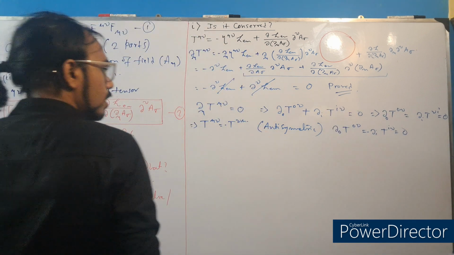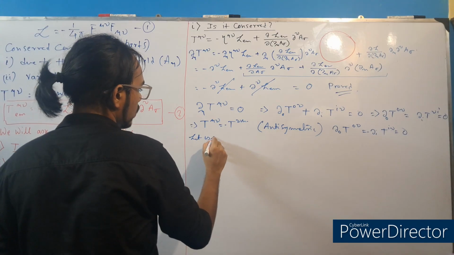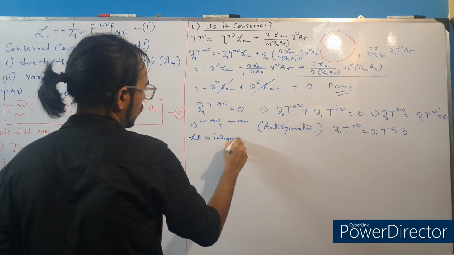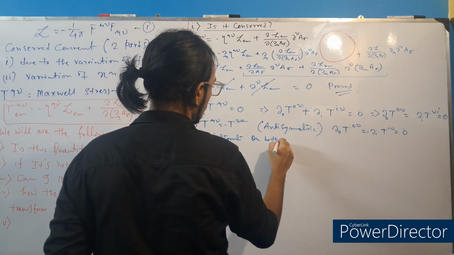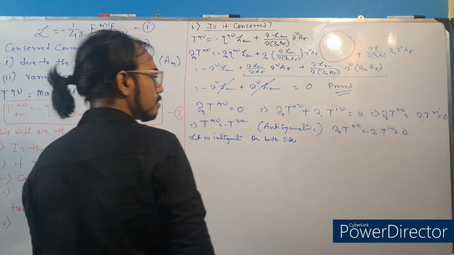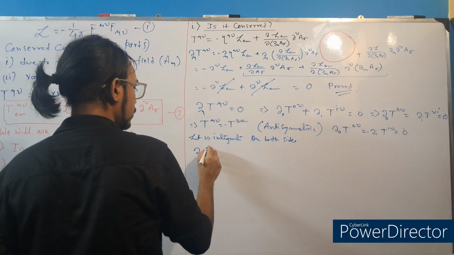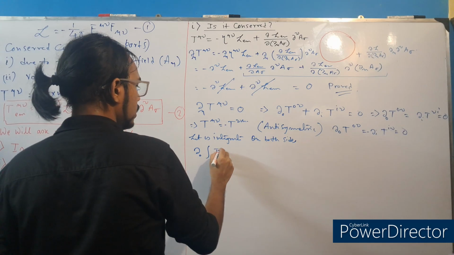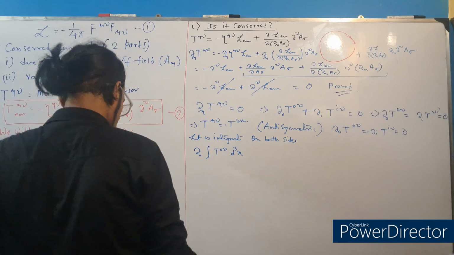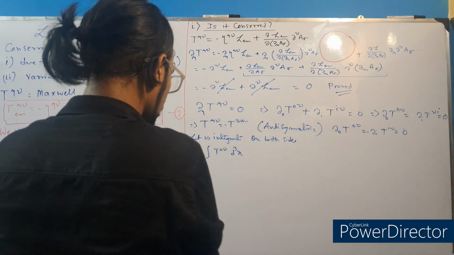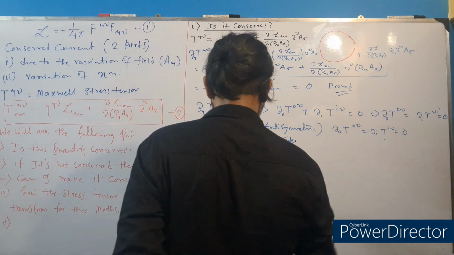Now let us integrate on both sides. ∂_0 times the integral of T^{0ν} d³x equals 0 according to this.